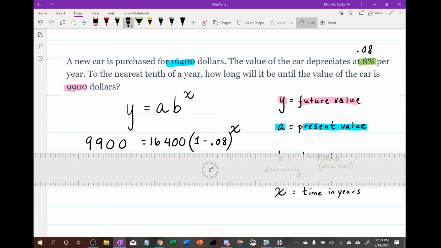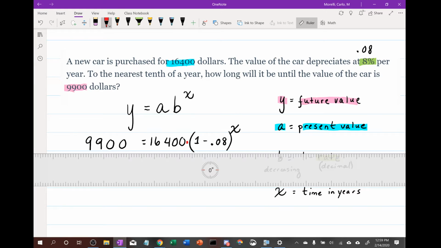So you're not doing PEMDAS, you're doing SADMEP: subtraction, addition, division, multiplication, exponents, parentheses. There's no addition or subtraction, so move past that.